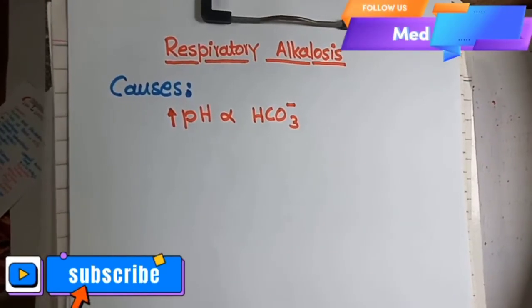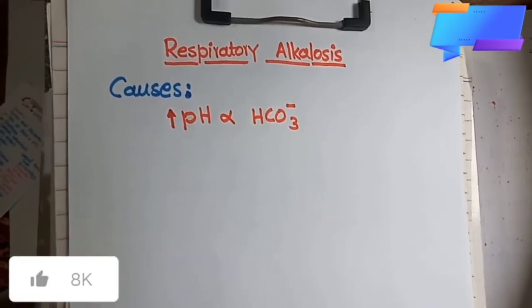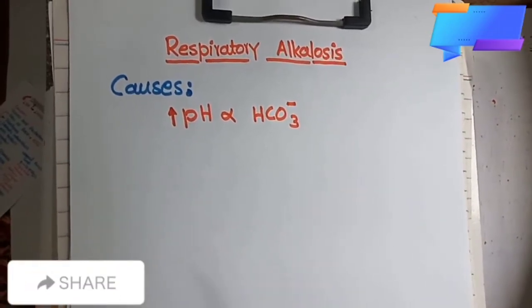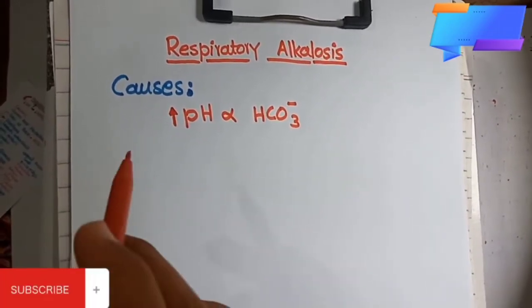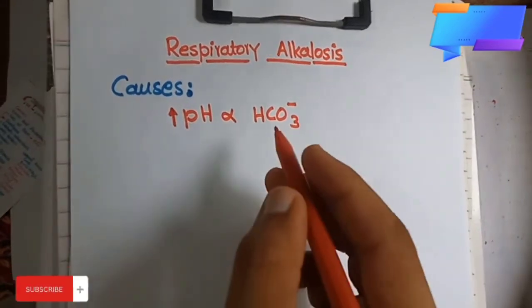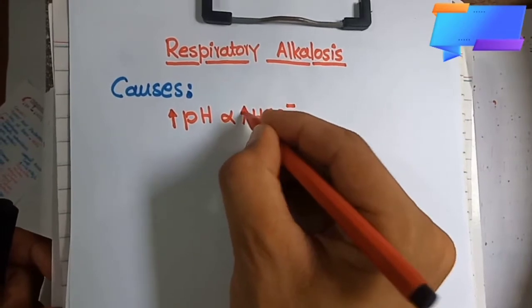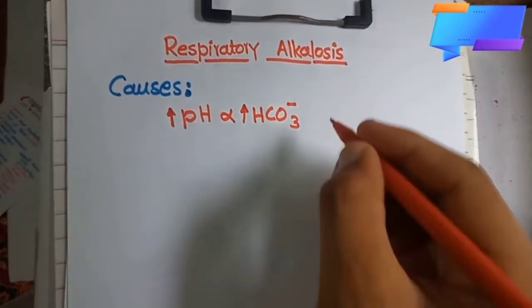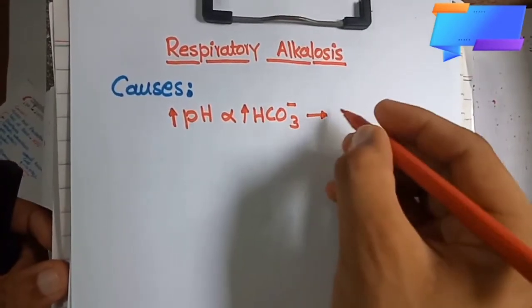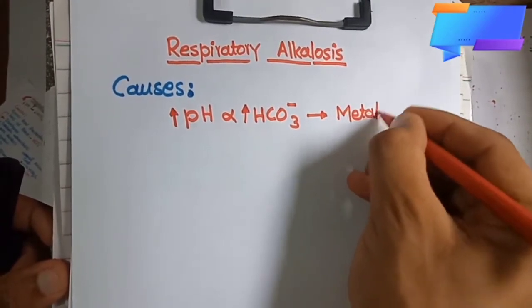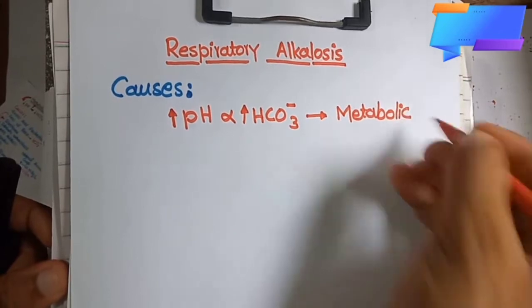Today's topic is respiratory alkalosis. How can we differentiate between metabolic and respiratory acid-base disorder? If the pH and bicarbonate ion go in the same direction, they decrease or increase in the same direction, then it is a metabolic acid-base disorder.